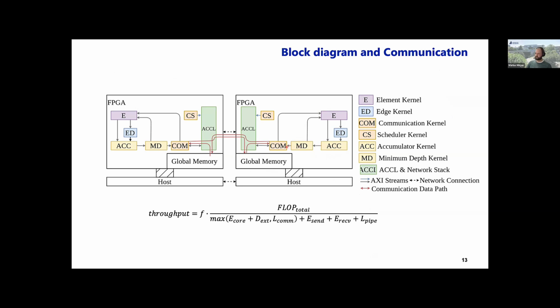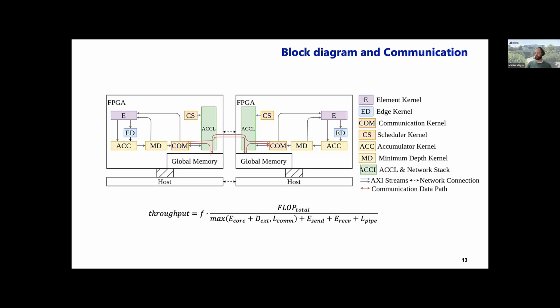We have this communication kernel, and every element of the mesh that needs to be sent to a remote FPGA, because it's a bordering element, is forwarded to this communication kernel. This again forwards the element to ACCL to send it to a remote FPGA. This is done in a stream fashion.